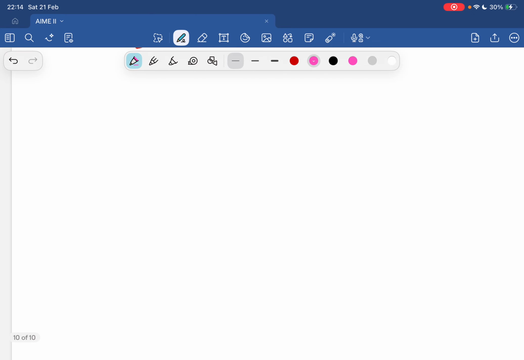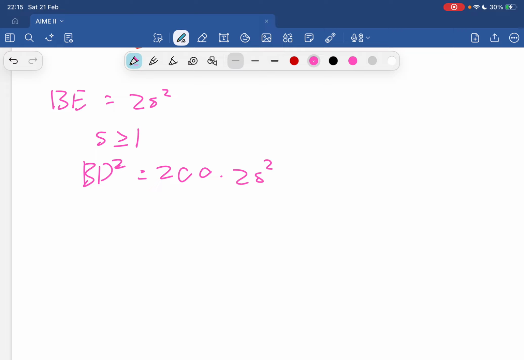Now, for this to be a perfect square, we must have BE equal 2s squared for some integer s greater than or equal to 1. BD squared must equal 200 times 2s squared, which equals 400s squared, so BD equals 20s.